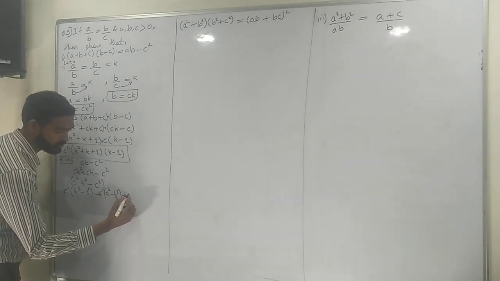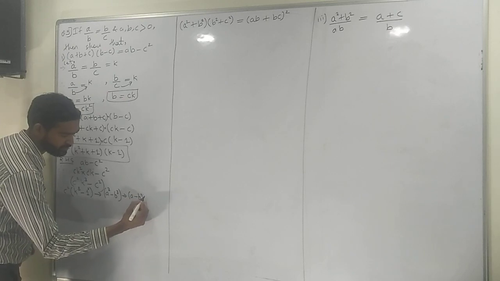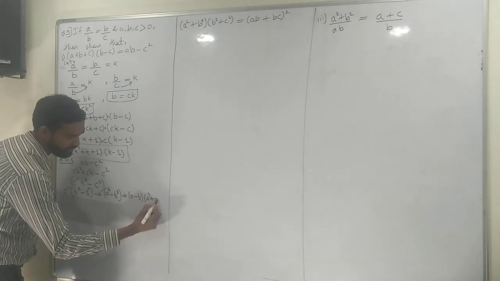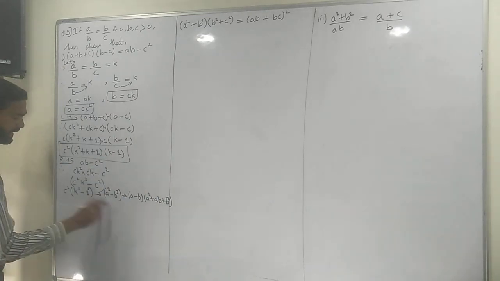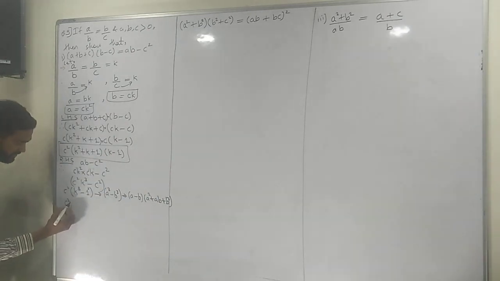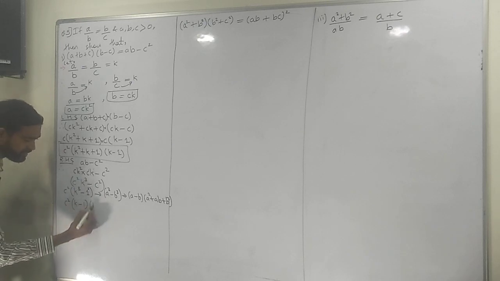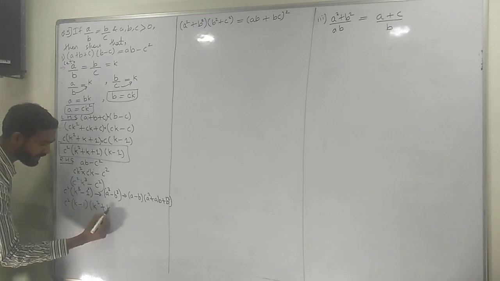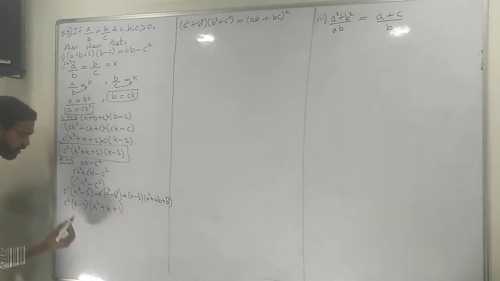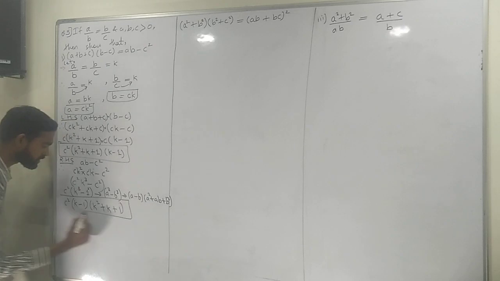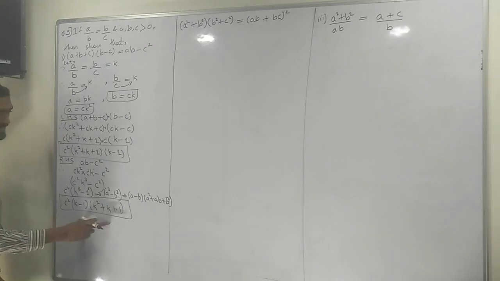A minus B, A square plus AB plus B square. So my C square as it is, this will give me K minus 1, K square plus K plus 1 square. 1 square will always be the same. So this will be my final answer for right hand side.